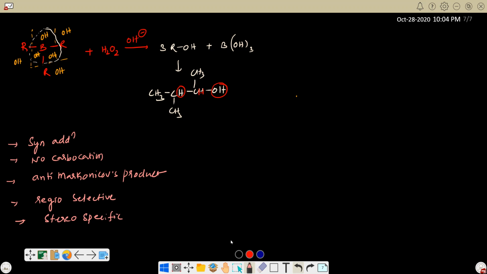I will give some examples. Compare the following reactions. If I give one alkene with a double bond, plus, I'm taking two conditions.